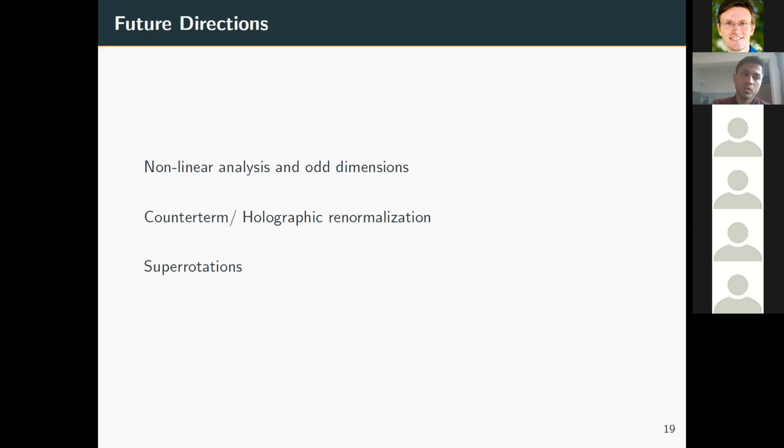Another issue is to do a complete analysis for superrotations in higher dimensions, because they are linked to subleading soft graviton theorems, and they also exist in arbitrary dimensions. So there should be some superrotation kind of symmetry in higher dimensions, and a straightforward generalization would be to say that superrotations in higher dimensions are just the diffeomorphisms on the S^(D-2) sphere.